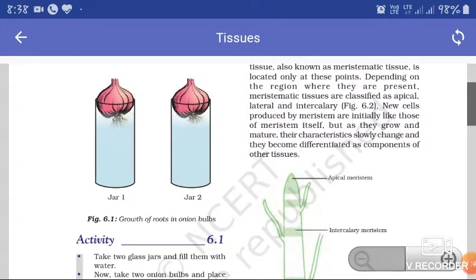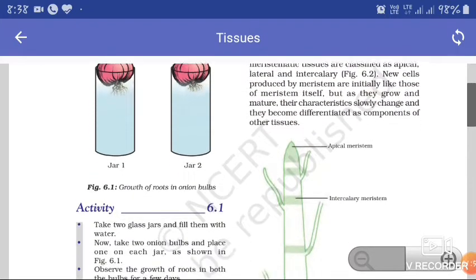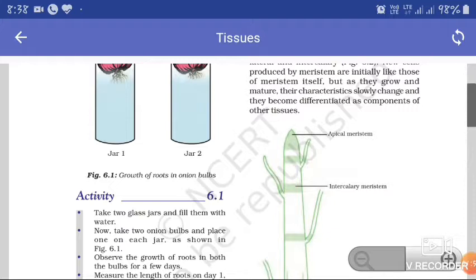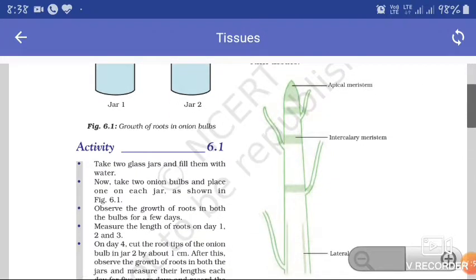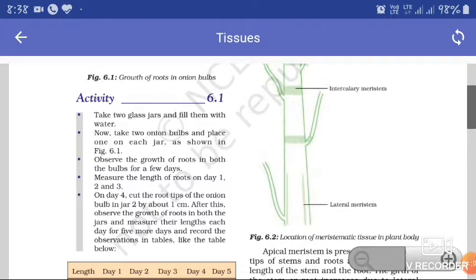Here we see the growth of roots in an onion plant, onion bulbs, and here is an activity: take two glass jars and fill them with water. Now take two onion bulbs and place one on each jar as shown in the figure.